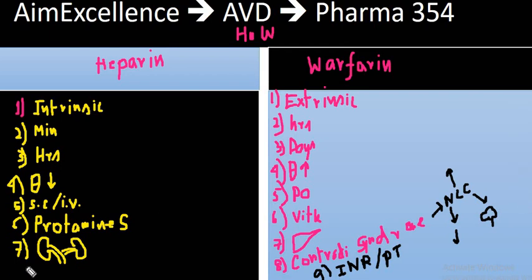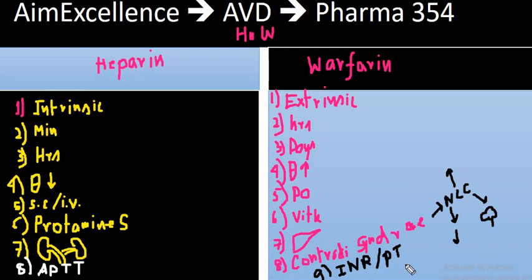Whereas for heparin, we have to go for the APTT. If you mention all the points, this is good enough for you to get 10 out of 10, or 4 out of 4 or 5 out of 5, because it's the difference.